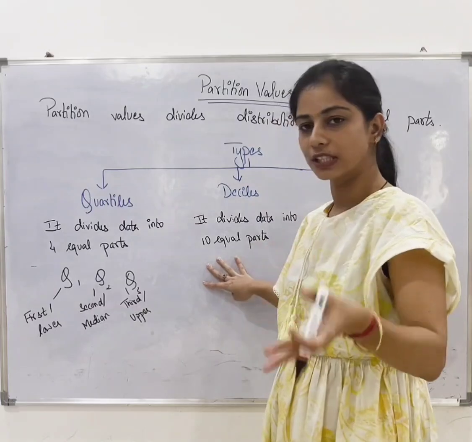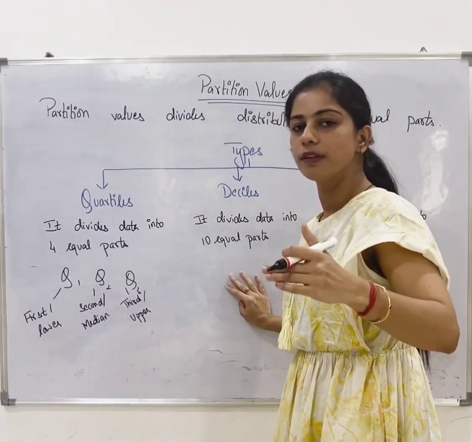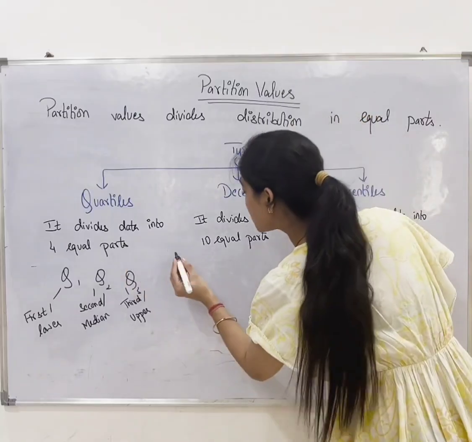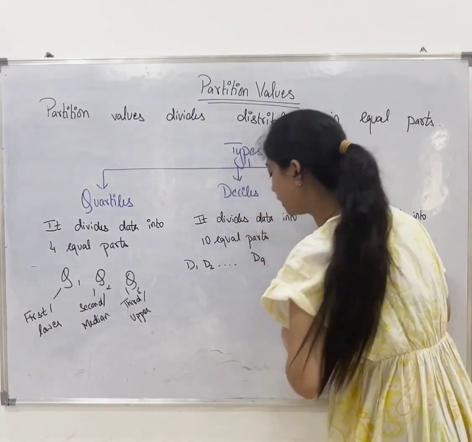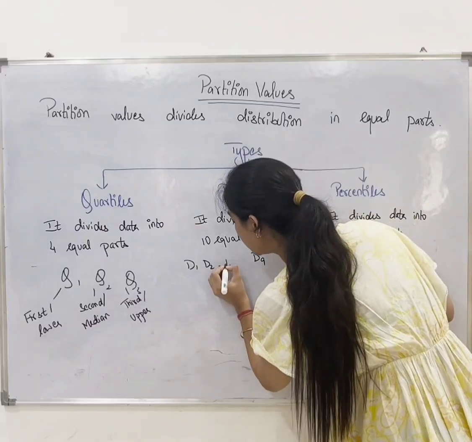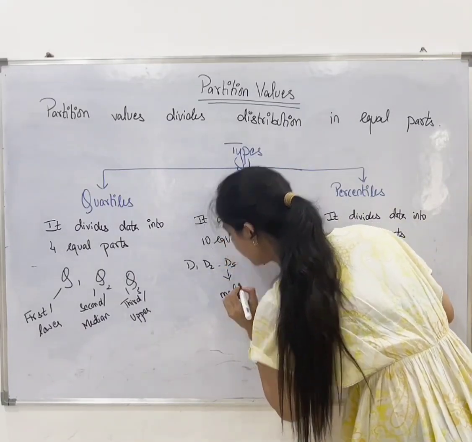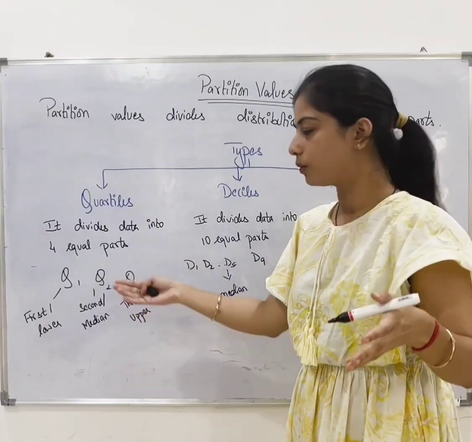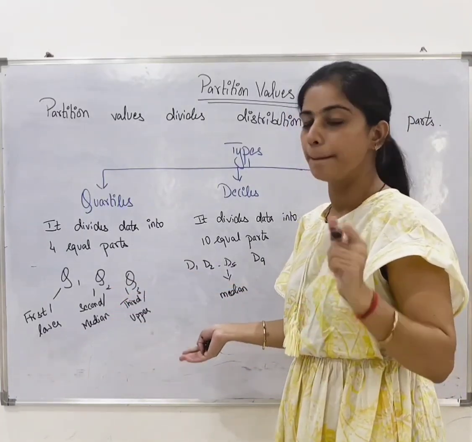Now coming to deciles, since it is dividing the data into 10 equal parts, we will get 9 deciles, starting from D1, D2, up to D9. Here D5 is denoted as the median. Similar to quartiles, where the middle one was Q2, here D5 will be the middle one, so this is called the median.